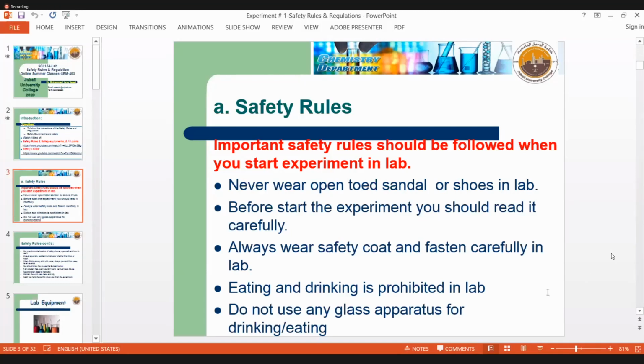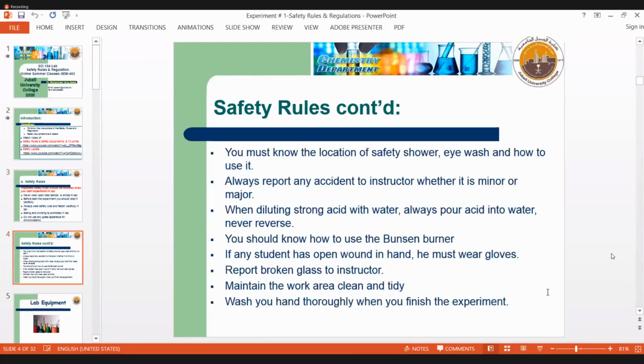It means not allowed. Don't use any glass apparatus for drinking and eating. You must know the location of the safety shower and eye wash, and how to use them, just like you already observed on the blackboard in this video. Always report any accident to the instructor, whether it is minor or major.